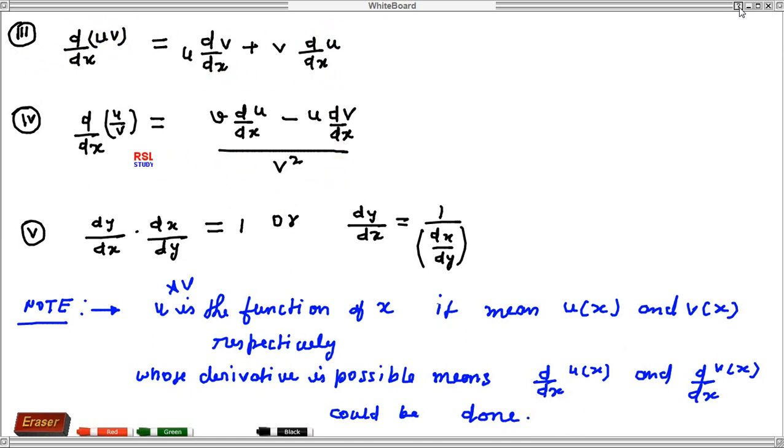And when u and v are in division form, then take v as a constant like this, minus, then take u as constant like this, divided by v square.